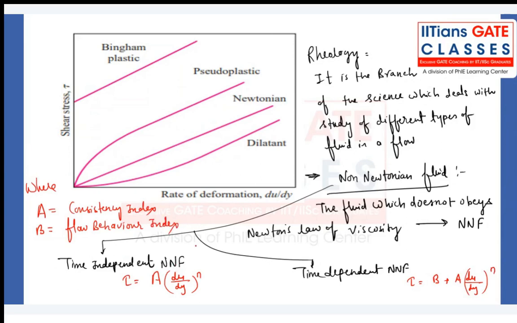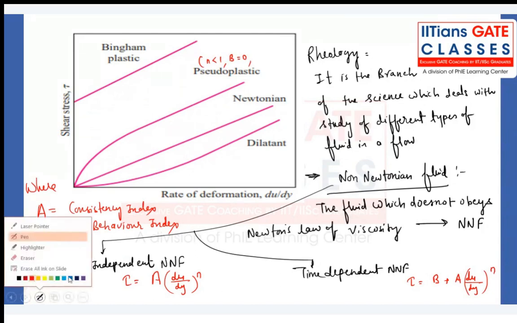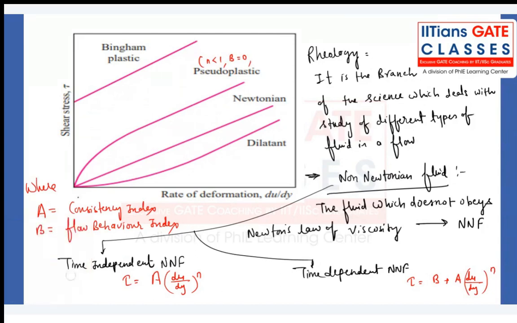When I talk about the pseudoplastic fluid, n will be less than 1, B will be 0. By looking at the nature of shear stress and rate of deformation, tell me, is the slope increasing or decreasing?